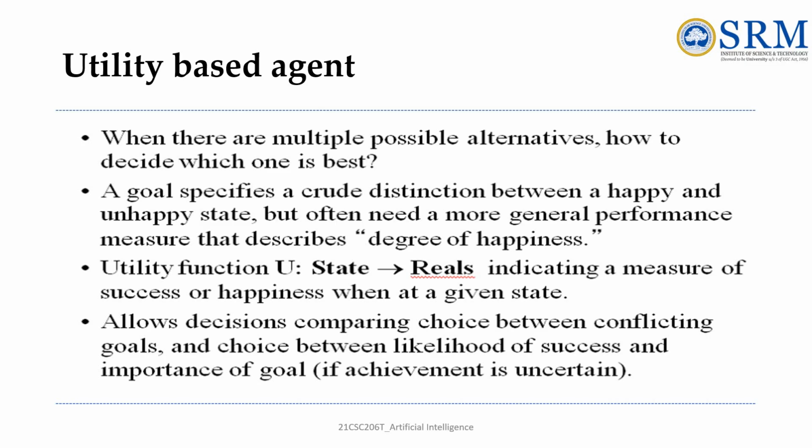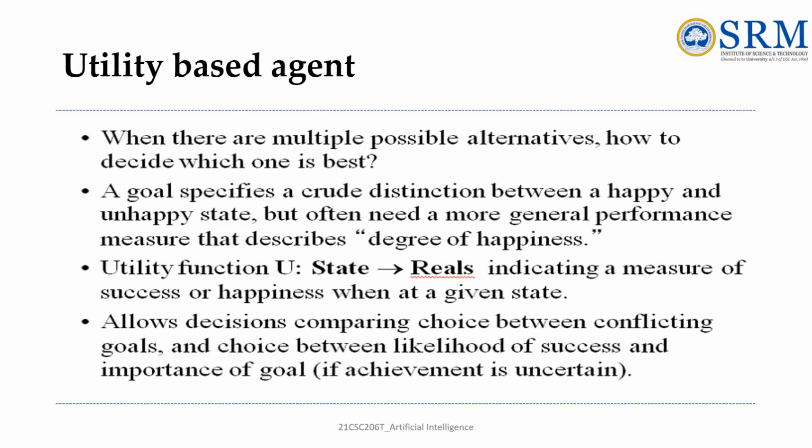Okay, so think of a self-driving car. It doesn't just want to reach the destination, it wants to get there quickly, avoid accidents, ensure the passenger comfort, and also to reduce the fuel use. Okay, so it must weigh all these factors and choose the action with the highest expected utility.